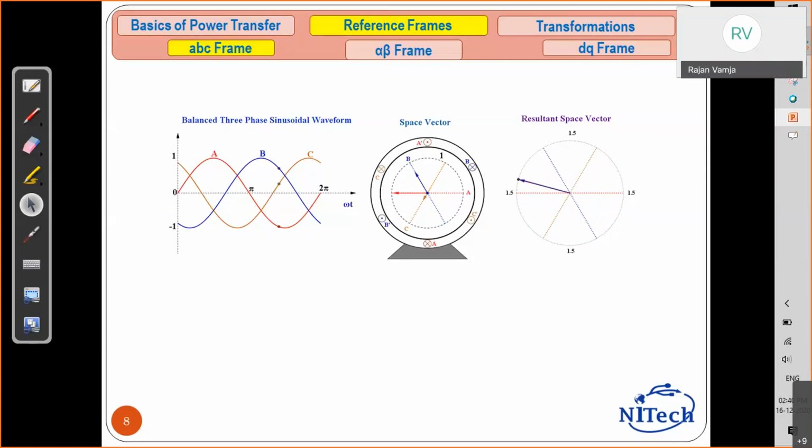Sir, as you discussed in the previous session, if you want to control the induction machine like a DC machine, then we need to convert this three phase frame into the alpha beta frame and the corresponding DQ frame. Right.